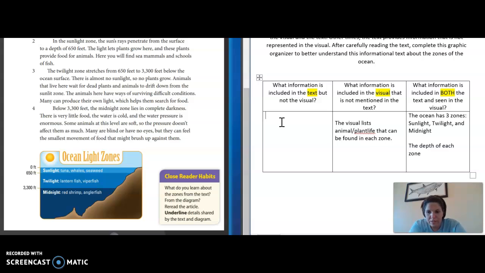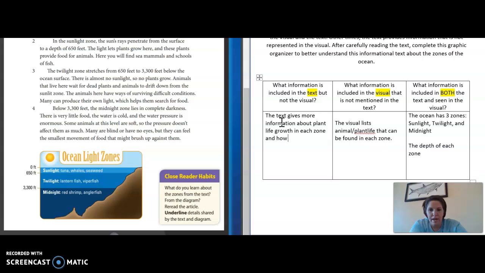If I were going to summarize that information, because I can't rewrite every single detail, and if you did, that is okay, I'm going to say that the text gives more information about plant life growth in each zone, and how animals in the zones get their food.